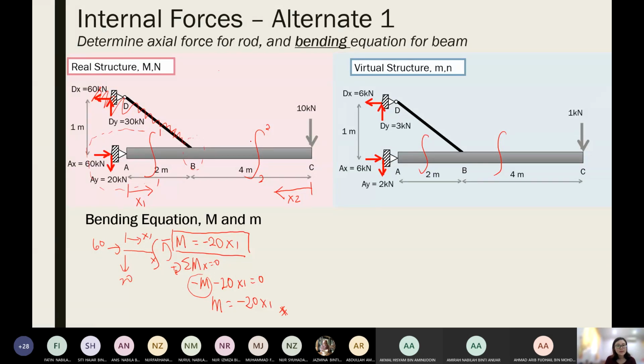This will be my moment, and now I have only 10 kilonewton and my x2. So now, is this sign positive or negative? Negative.